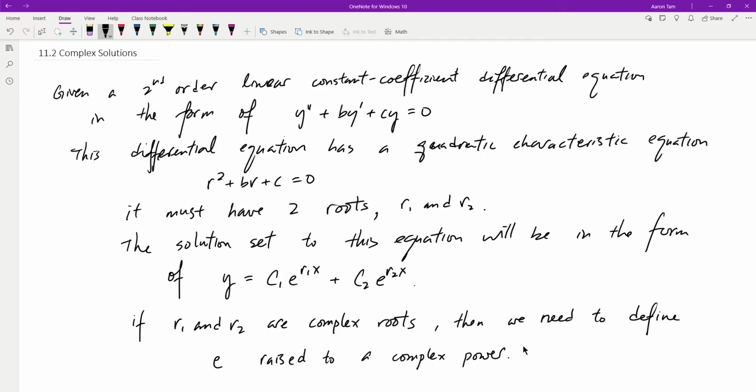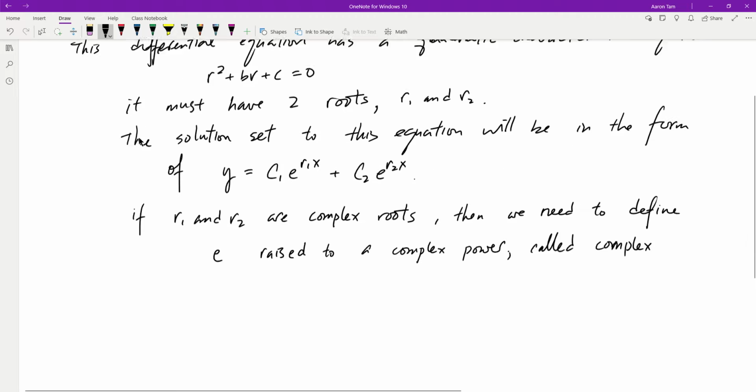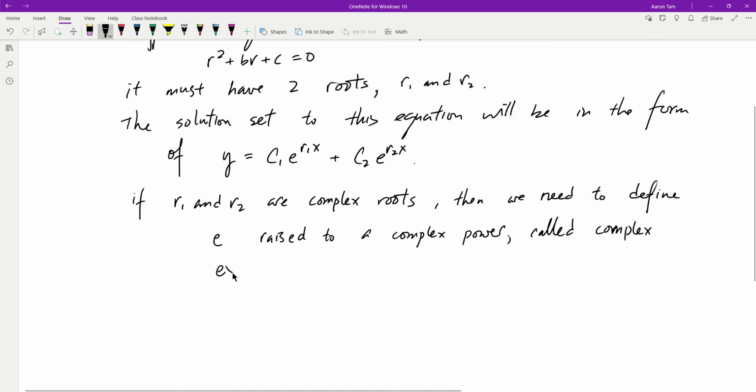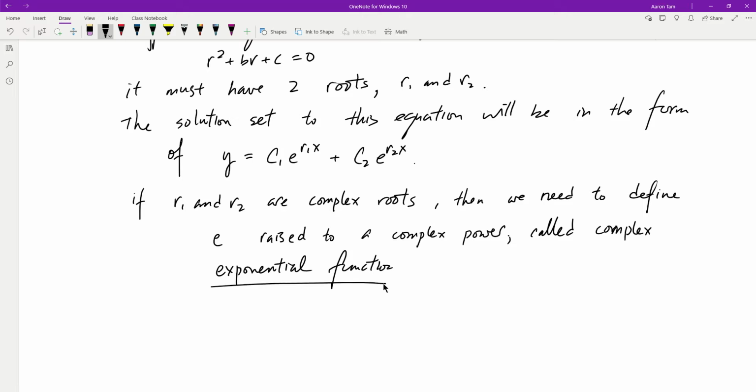And when we do that, we define what we call the complex exponential function. That's what happens when you try to raise e to a complex power.